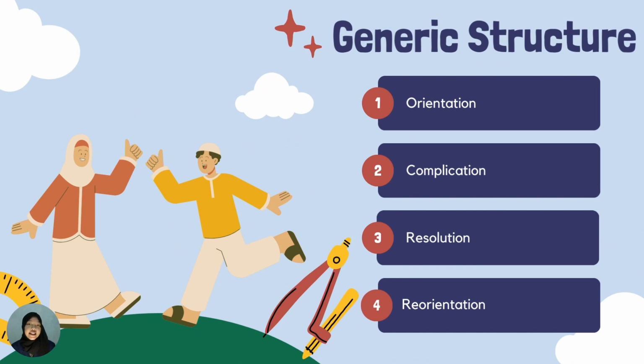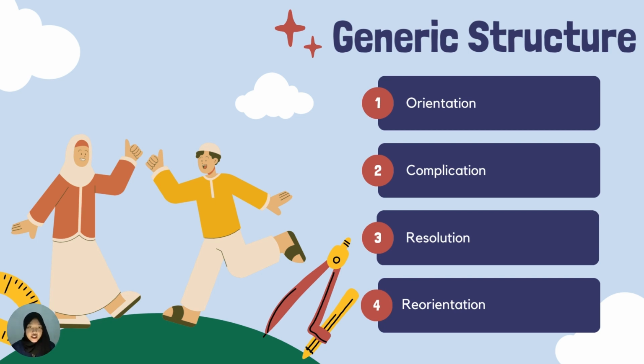Okay, the next is generic structure of narrative text. The first is orientation. In the orientation, introduces the character, setting, initial situation, and provides the necessary background information to understand the context of the story. Okay, the second is complication.